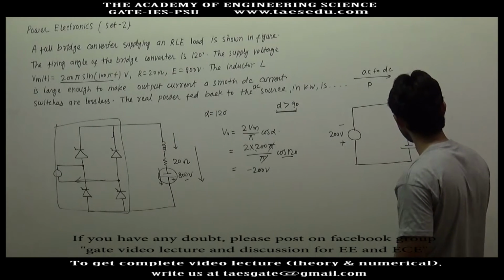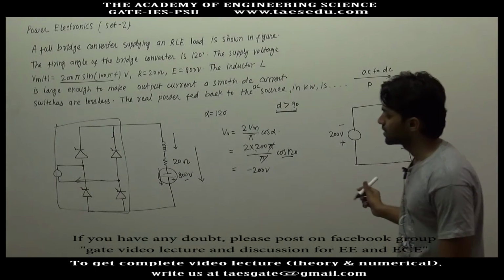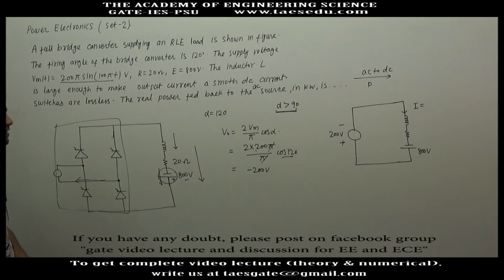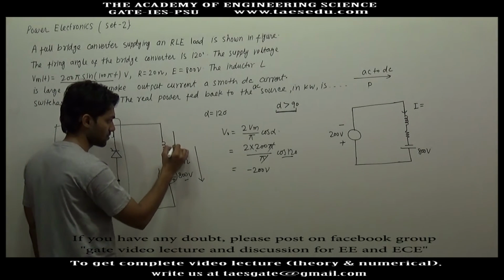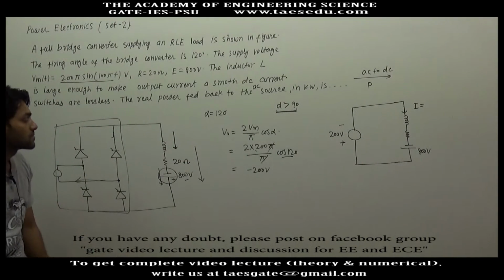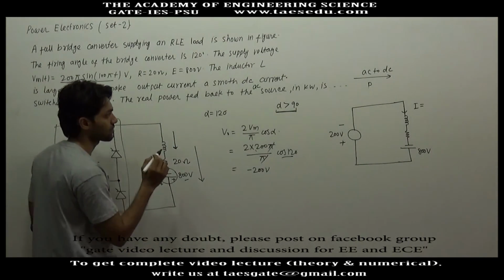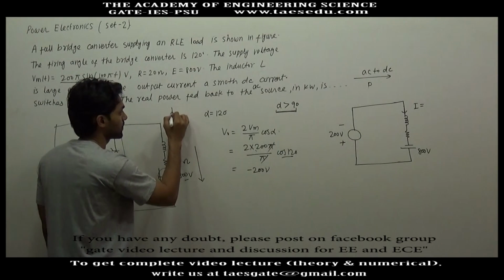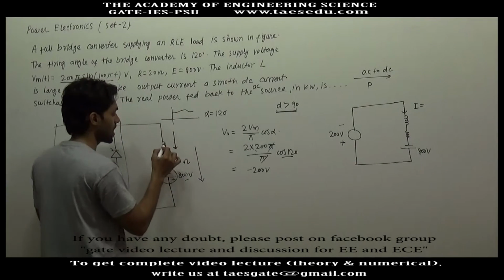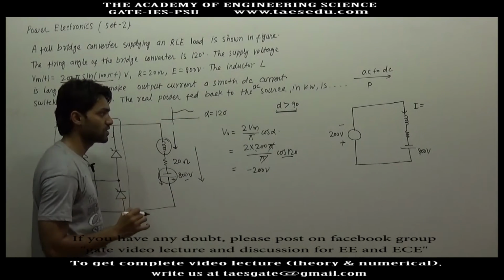These are DC voltage sources. In the full bridge converter we have studied that if the current is continuous and if it is periodic, the average voltage across the inductor will be 0.